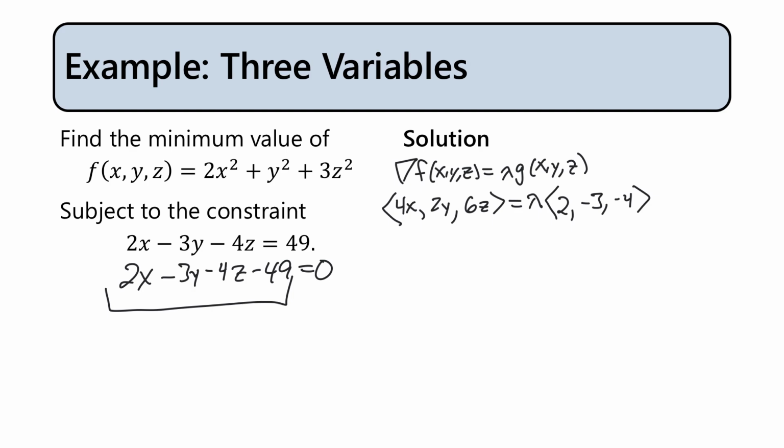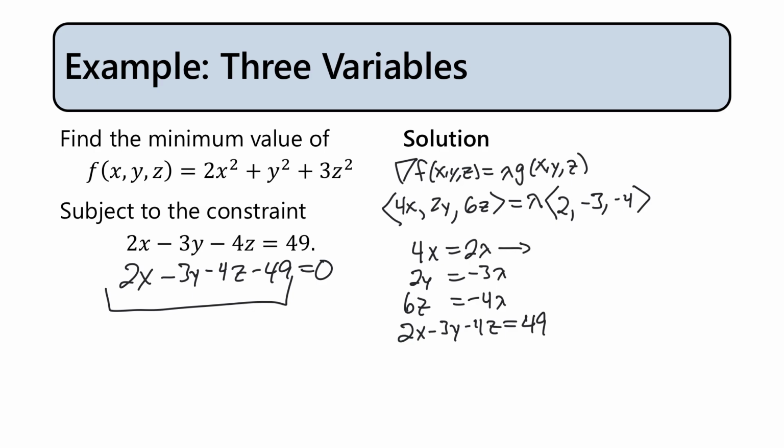So this time we're going to end up with 4 equations. We're going to have 4x equals 2 lambda, 2y equals -3 lambda, 6z equals -4 lambda, and then our constraint equation, 2x minus 3y minus 4z equals 49.